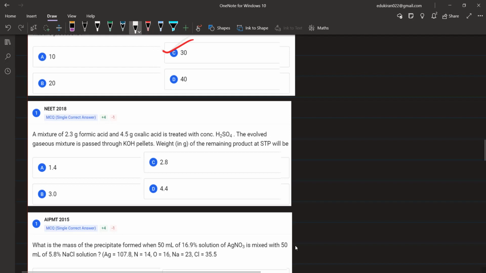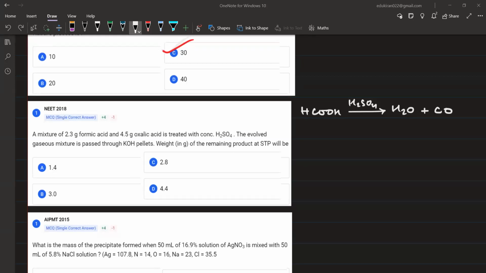I will keep giving you the reactions. Okay. So when you have formic acid, that is HCOOH, if you react this with H2SO4, then it is going to give you only two things: H2O plus carbon monoxide. And if you have oxalic acid, I thought it was acetic acid.